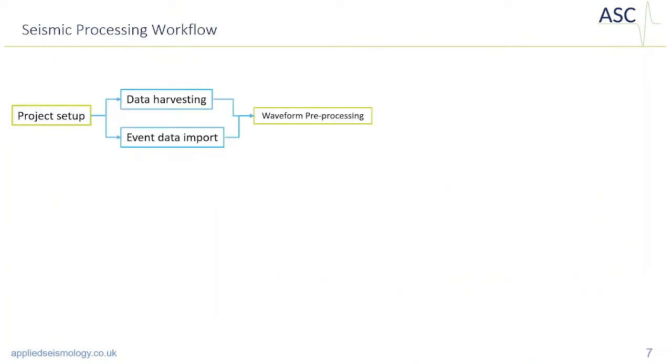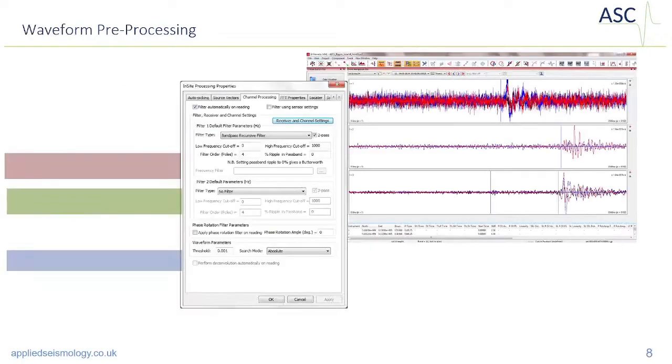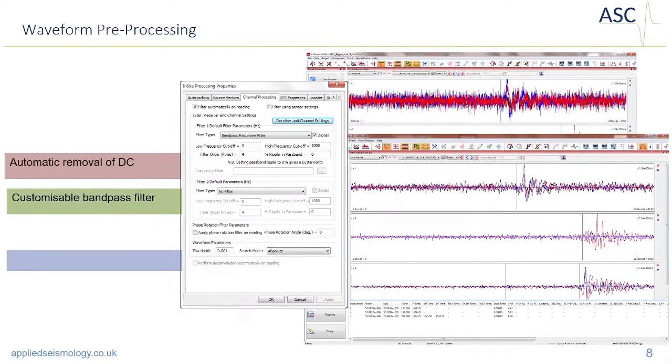So moving on, waveform pre-processing. InSite automatically removes the DC component from our traces when importing or leaching them, and also allows you to customize your filter, band pass, high pass, low pass, or a combination of filters, and also individual filters per channel.